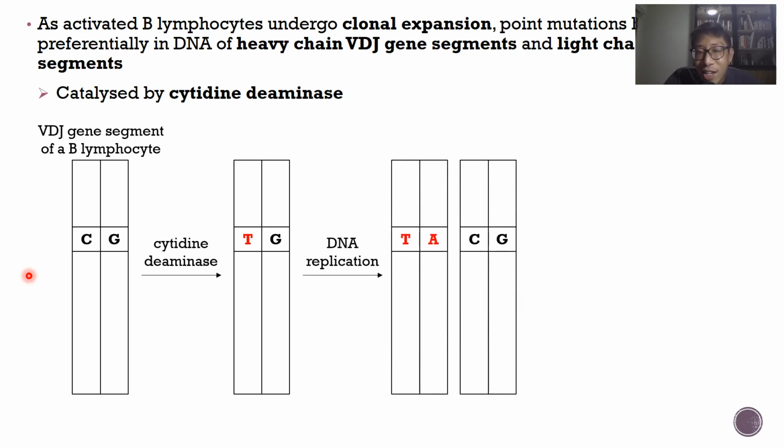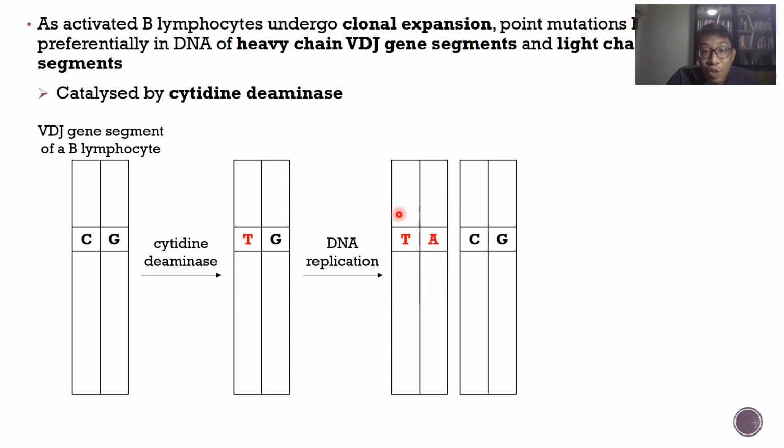So when the DNA is replicated, because it's clonal expansion, it's cell division, right? Cell division involves DNA replication during the S phase. So when the DNA is replicated, one of the daughter cells is going to inherit the original VDJ gene segment with no change. The other daughter cell would inherit a different VDJ gene segment with this one change.